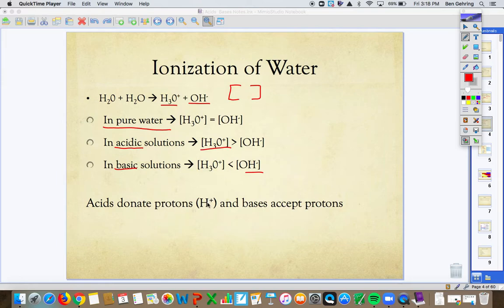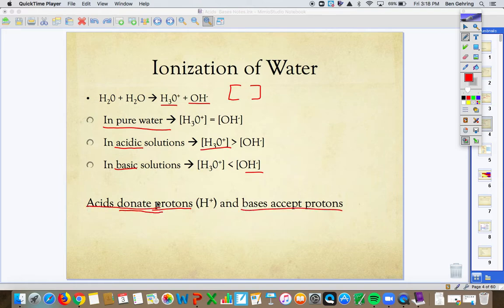One of the ways we're going to talk about acids being classified is that they donate protons. And so because they donated this proton, I have more hydroniums here, more protons to bond with more water molecules to make more hydroniums. Whereas bases accept, so acids donate protons, bases accept protons. And that's one of our classifications.